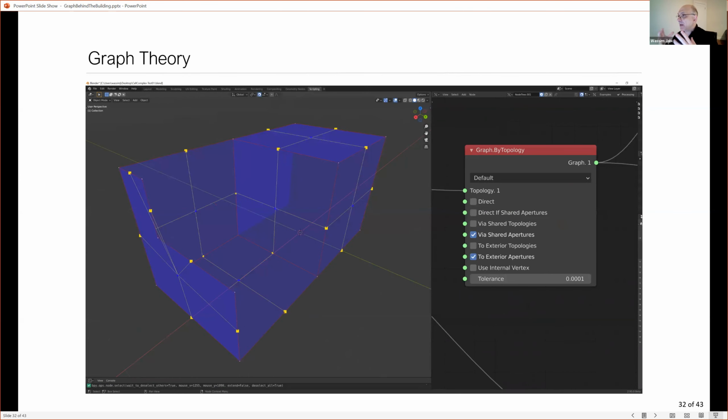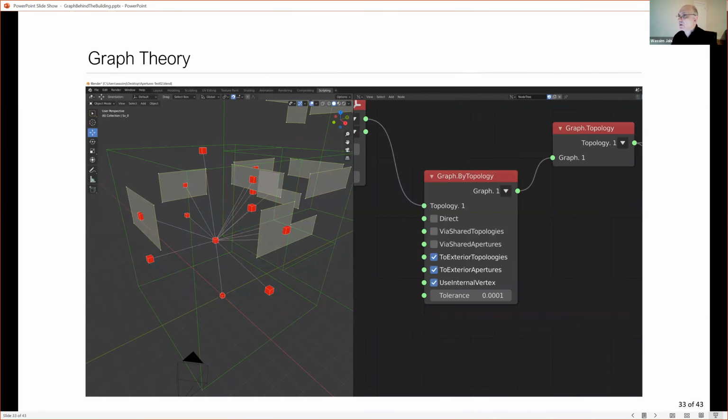And graphs don't just apply to cells and volumetric. This is a graph of a shell, almost like a cardboard box that's open. I can tell it that my unit is the face, and the shared topology is the edge, shared edges between faces. So it works on different dimensionalities.